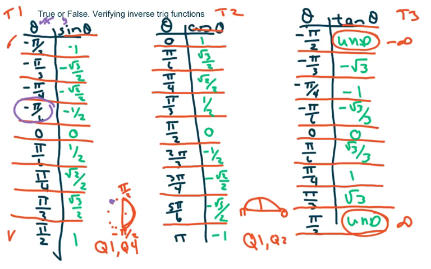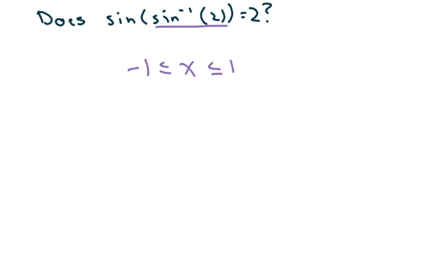When you're looking at the inverse, you're looking from negative 1 to 1. So 2 is not in between negative 1 and 1. So it's not in that restriction for f of x equals inverse sine of x. So this is false.